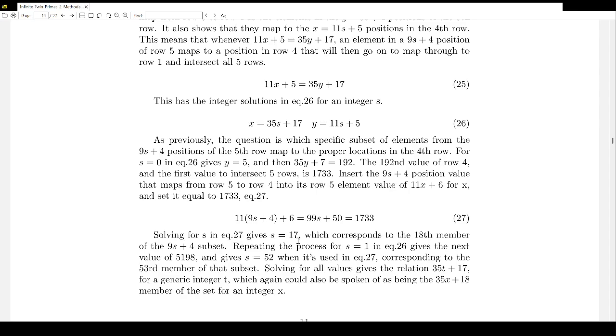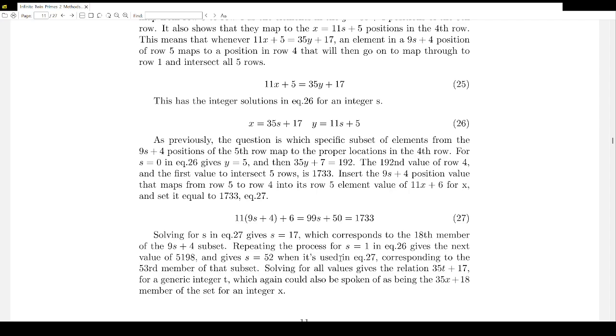So now we need to find our general equation for all those s's that will be the ones that we want, which corresponds to the 18th member of that subset, the 9s plus 4 subset. Remember, they're one different. Repeating the process for s equals 1 gives the next value of 5198. Plugging that in, you can calculate that gives s equals 52.